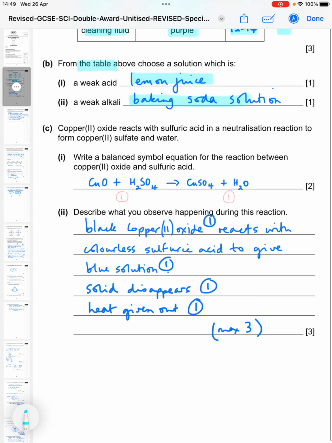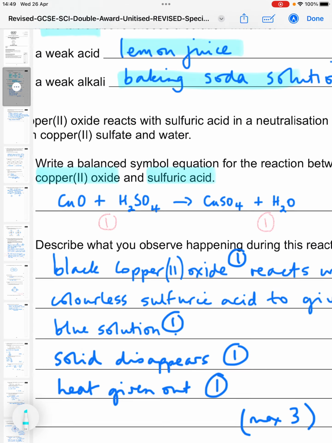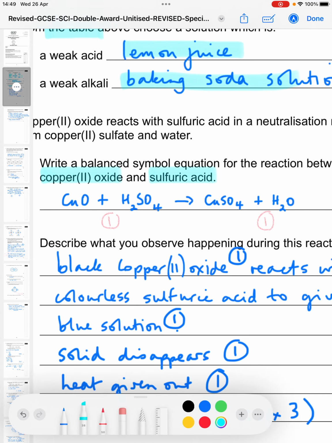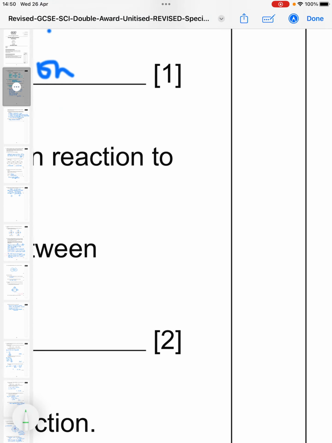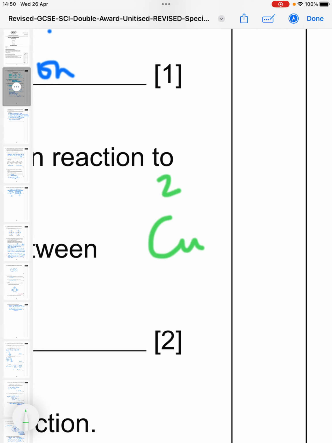So part C, copper 2 oxide reacts with sulfuric acid in a neutralization reaction to form copper 2 sulfate and water. Write a balanced symbol equation for the reaction between copper 2 oxide and sulfuric acid. So copper 2 oxide, if we just have a look at how we write the formula here. Copper in copper 2 oxide has a valency of 2, oxygen's group 6, so its valency is 2.